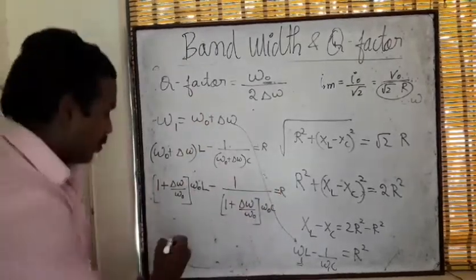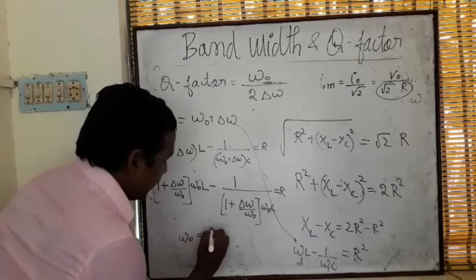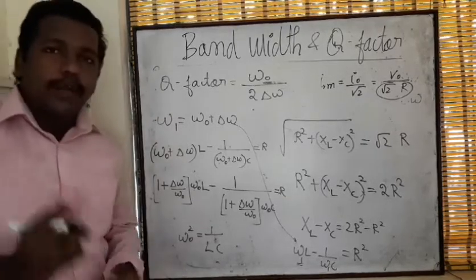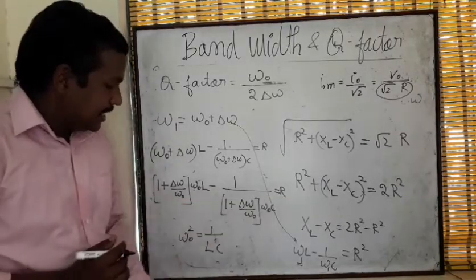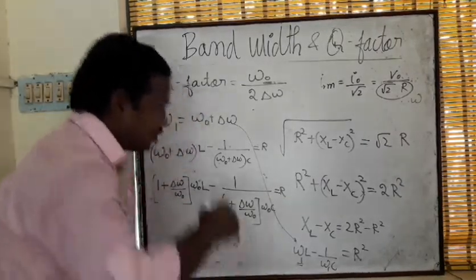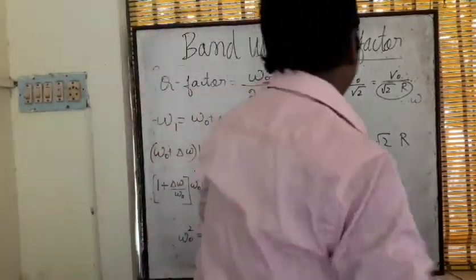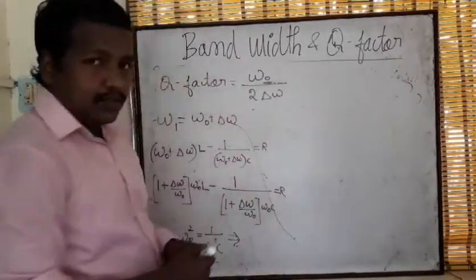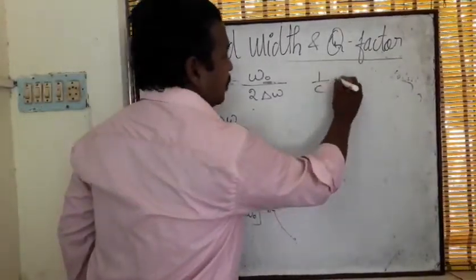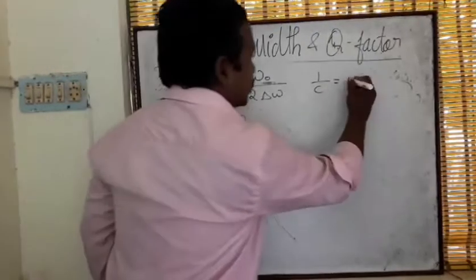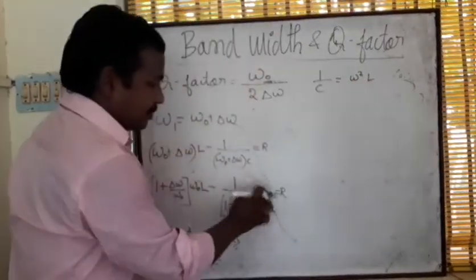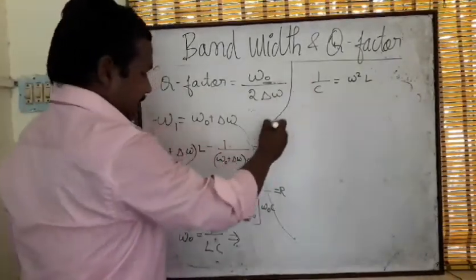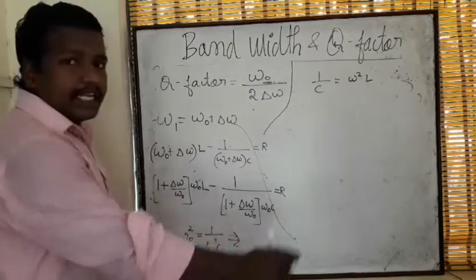As we know, omega naught square is equal to 1 divided by LC. That means 1 by C is equal to omega naught square L. Instead of substituting 1 by C, you can take it as omega naught square L. This whole term I am taking as a numerator.